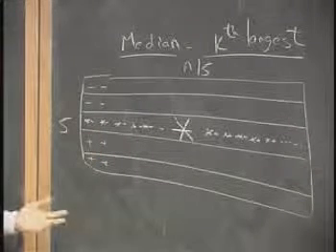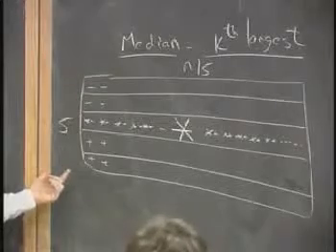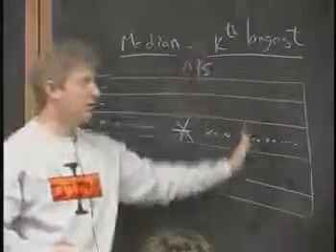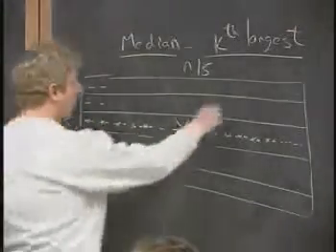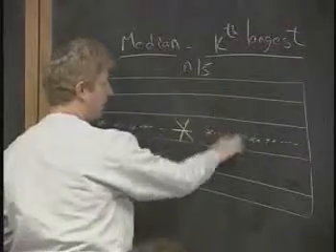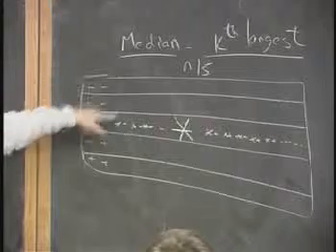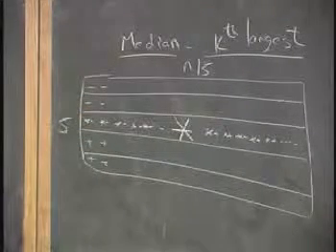Otherwise, we have lost the structure that we spent so much time doing at the beginning. So when you move this one to this side, take the whole column and move it together. So I still know that these are smaller than this one, and these two are bigger than this one. I still know that whatever's above here is smaller than this, and whatever's below here is bigger than this.